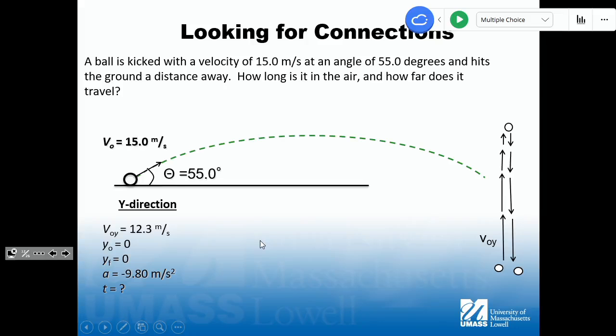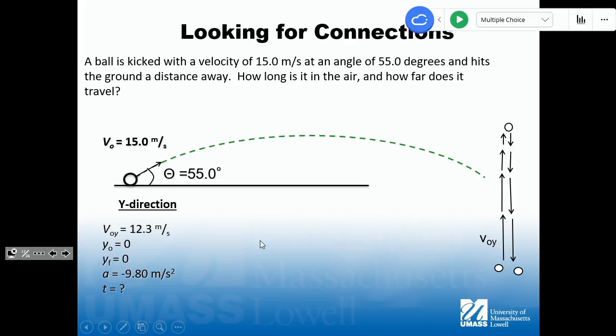That's how much of that speed is going to be upwards when the ball is going. Everyone with me?